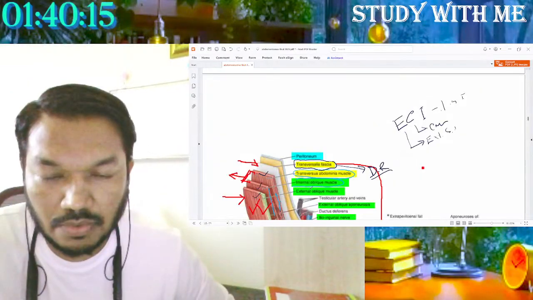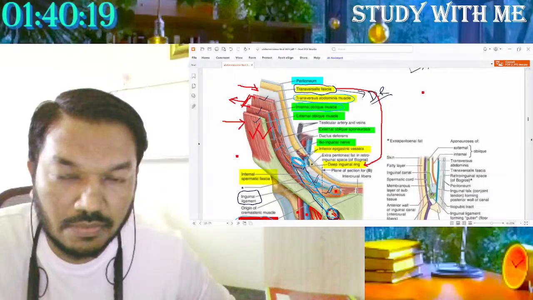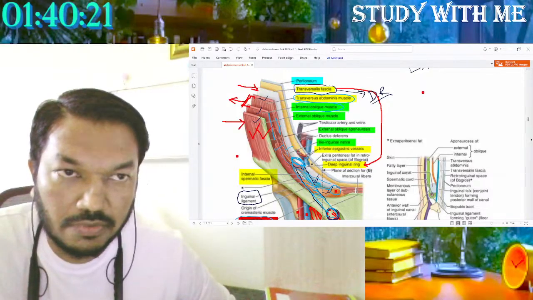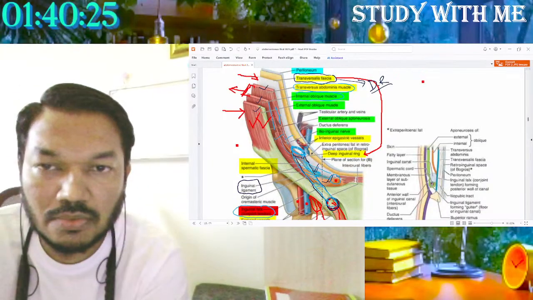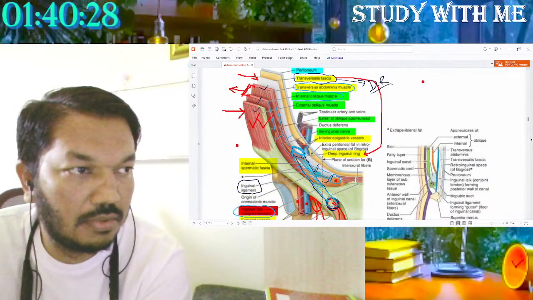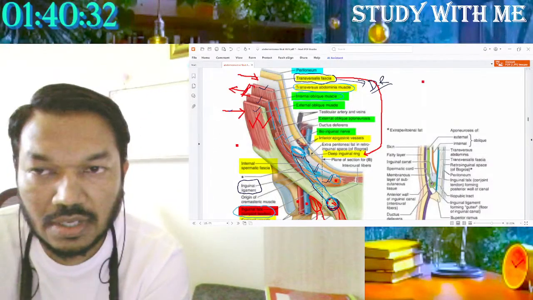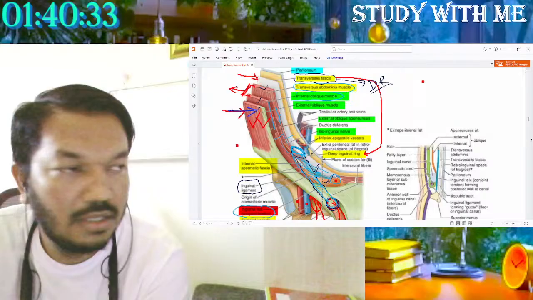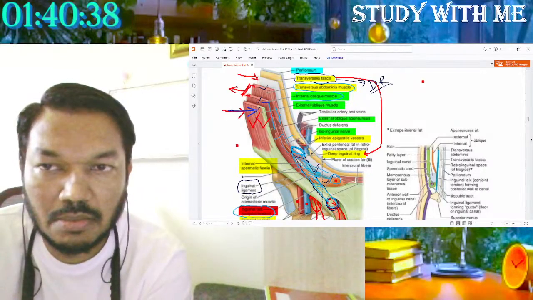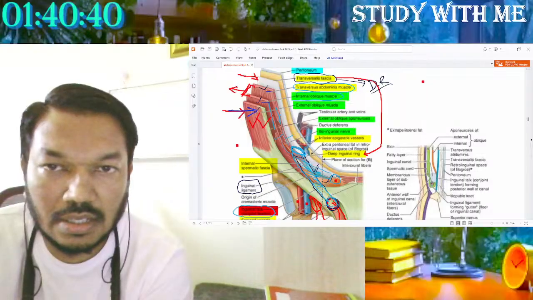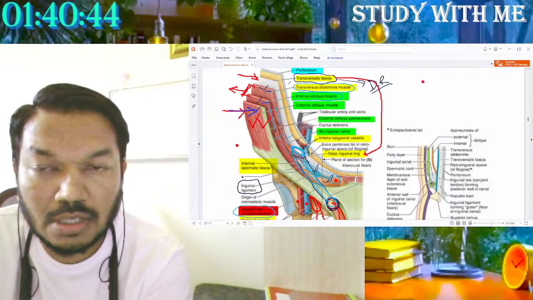Now this picture again, overall, whatever we studied in the last 40 minutes, this is the summary. First layer we have, just follow the screen where I am doing the marking: external oblique muscle, then internal oblique muscle, then transversus abdominis muscle, then transversalis fascia.